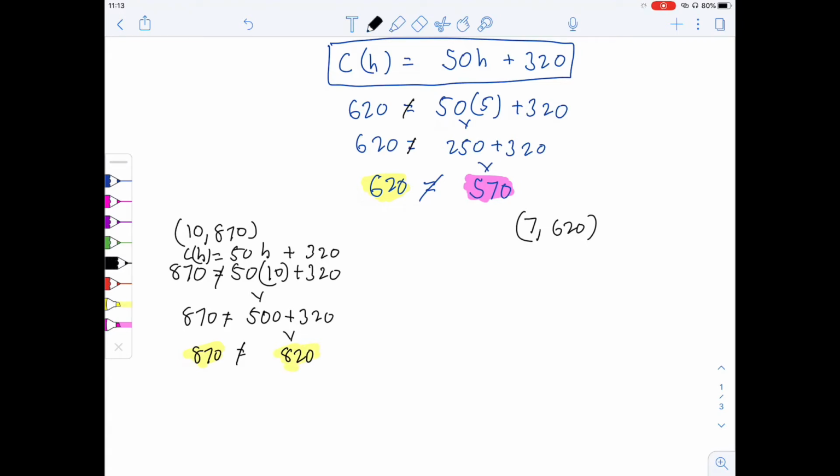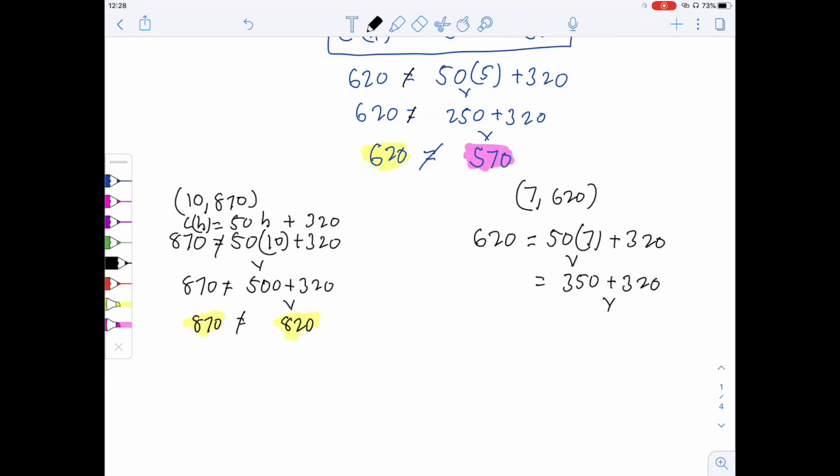Okay, next one. See if he's legit this time. So 620 equals 50 times 7 plus 320. 50 times 7 is 350, plus 320 is 670. So 670 equals 620?